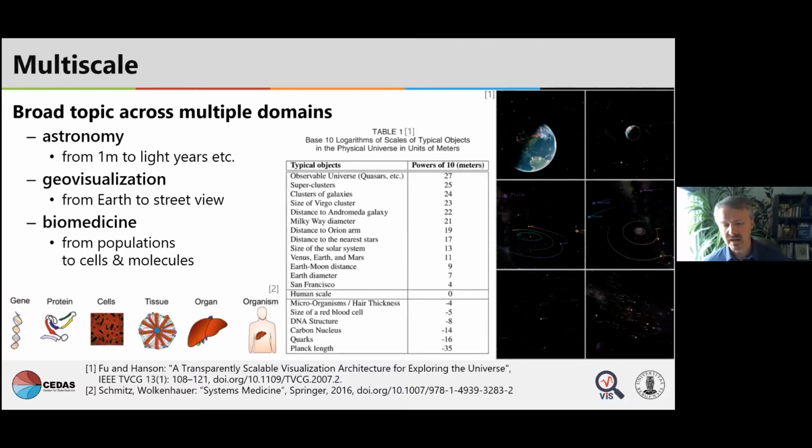Here I've taken an example from Andrew Hansen's work, an early work about coming up with a system that allows you to explore the universe at a wide range of different scales. Here in the middle, you see a list of spatial scales, where in the middle we have the human scale, 1 meter approximately.